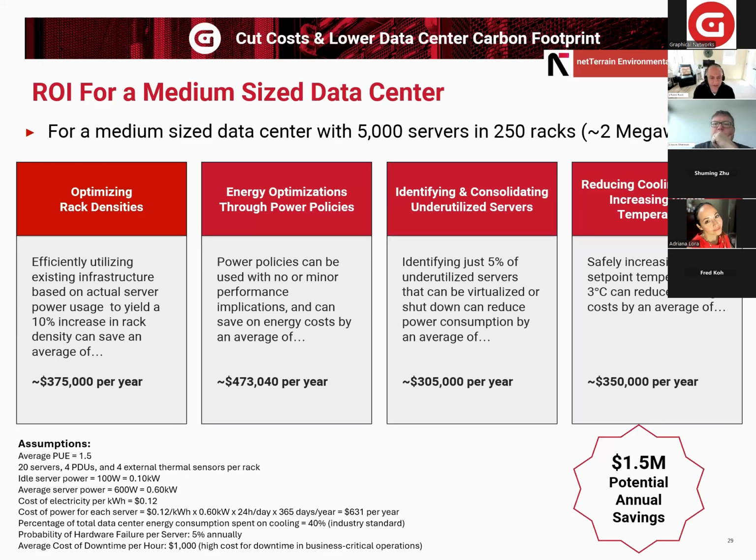In this particular case, just using DCM to increase the rack density by just 10%, plus also finding 5% of underutilized servers and increasing the set point temperature by 3 degrees, and performing some power capping or power policies, like we talked about, to reduce the energy consumption per CPU or per server, that all adds up in this particular environment to $1.5 million of savings annually, potentially.